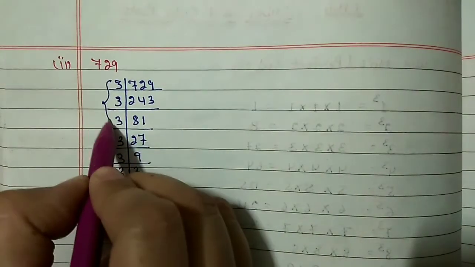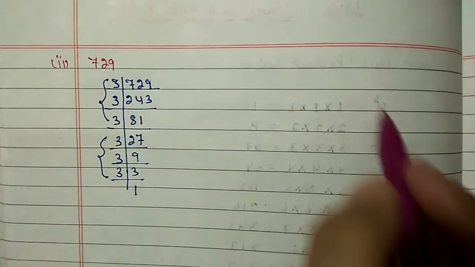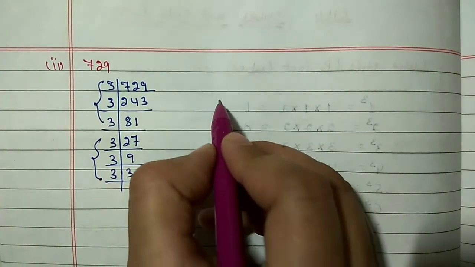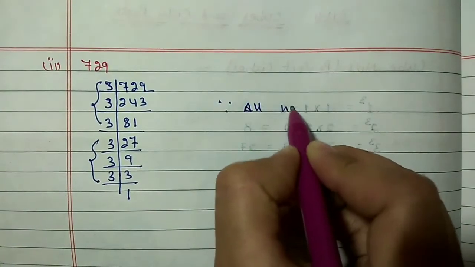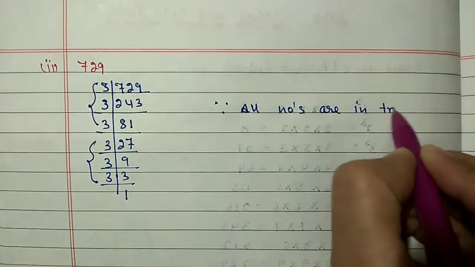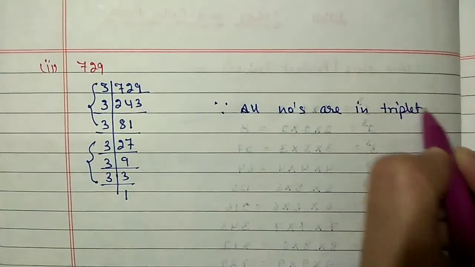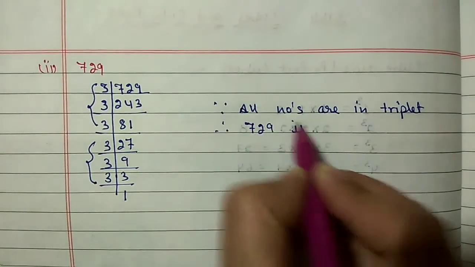So these three 3s we will take together, then these three 3s we will take together. Now we can write, because all numbers are in triplet, therefore 729 is a perfect cube.